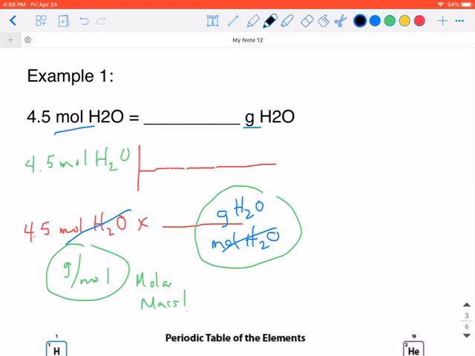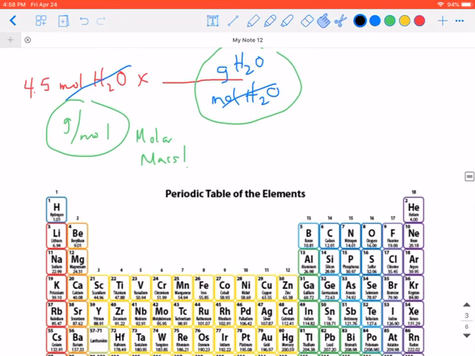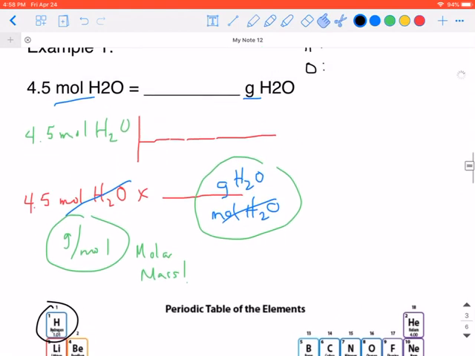So I'm going to go off to the side here. I have hydrogen and oxygen in water. Okay, so if I scroll down here on my periodic table, hydrogen, right here, has a mass of 1.01.